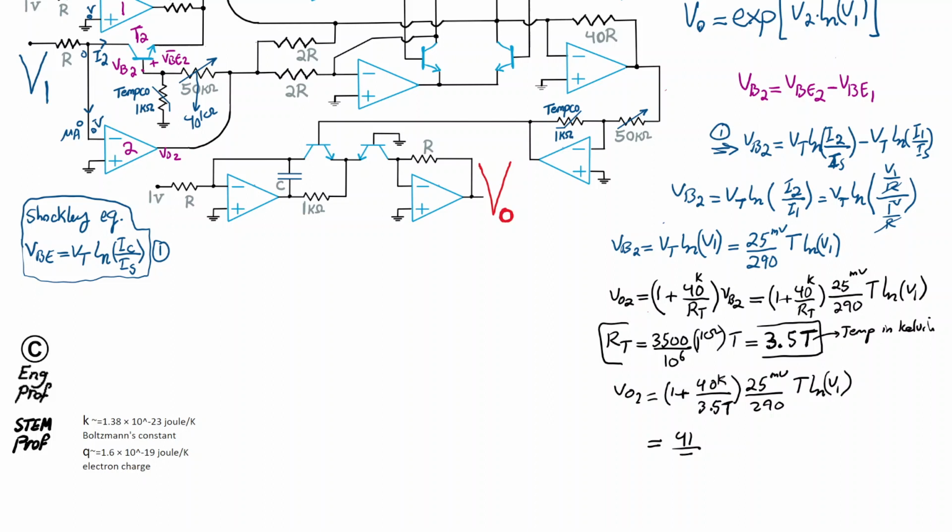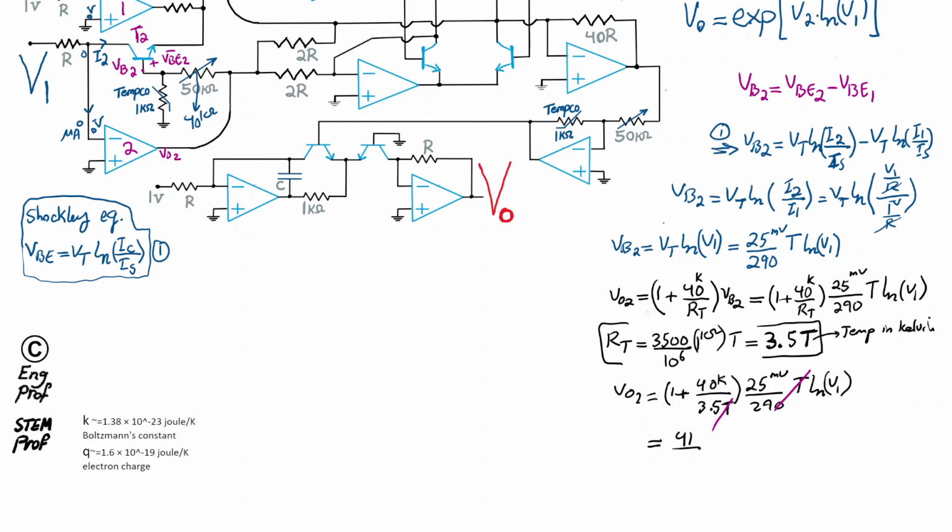The T effectively cancels out when we factor out the whole thing. The nice thing is the temperature of the RT is tracing, following, or canceling the effect of the temperature in the numerator. So the two T components from numerator and denominator cancel each other.